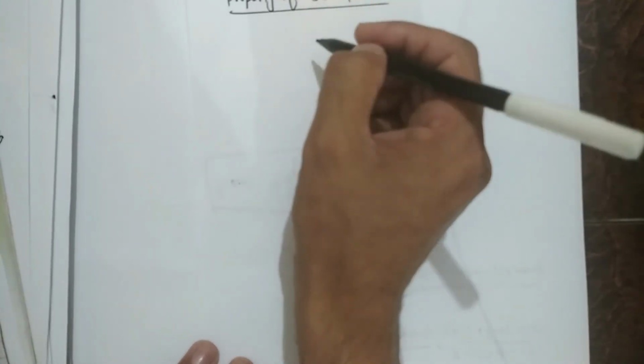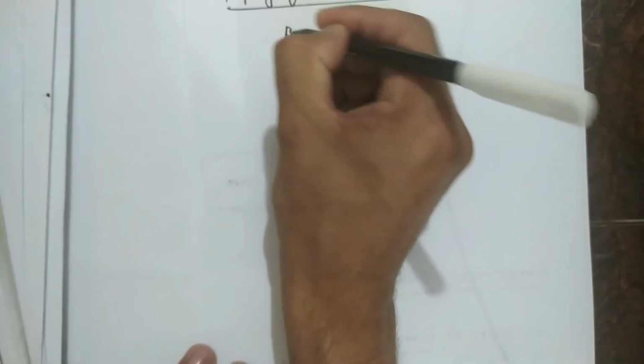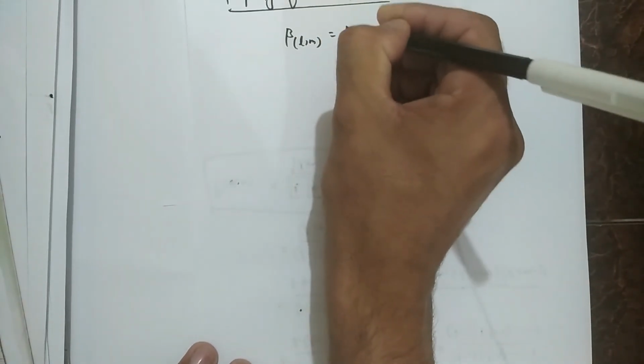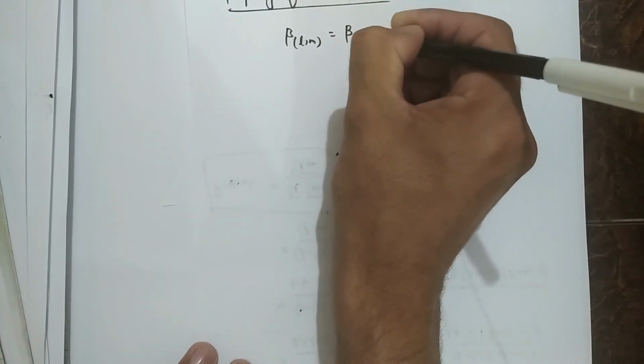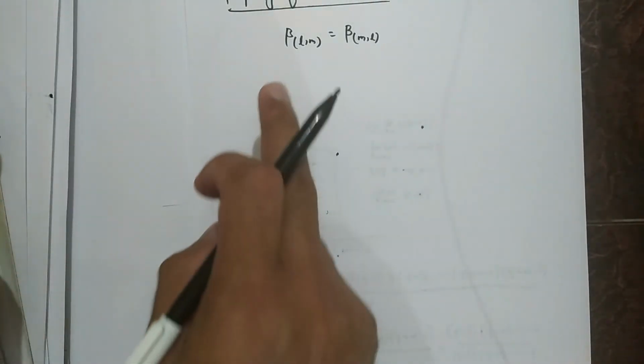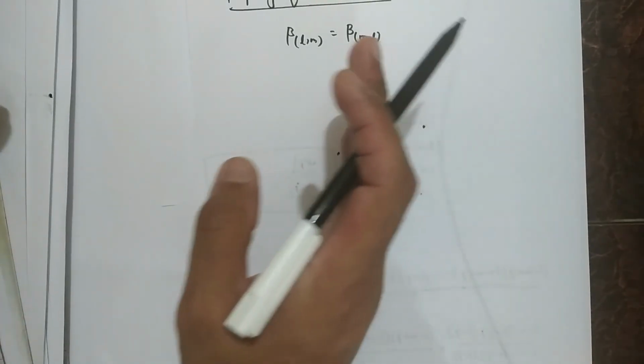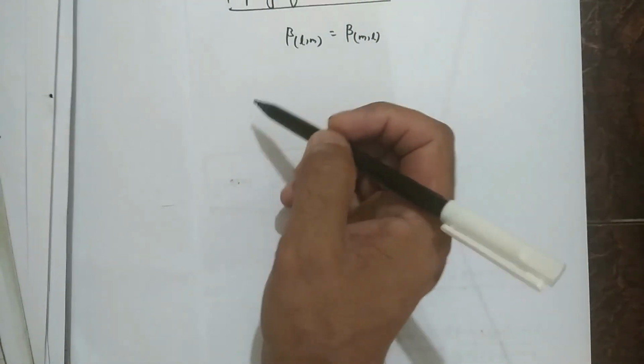That is, to prove beta Lm is equal to beta m L. That is, we have to interchange L and m.